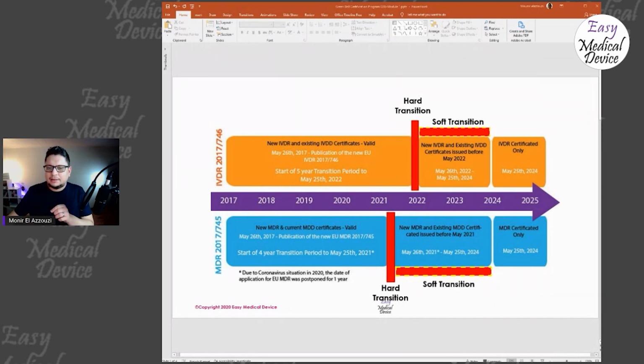If it is a class 1 and it is on the market before the 26th of May 2021, so you have a declaration of conformity or registration of the product on the market, then it benefits from this transition period.